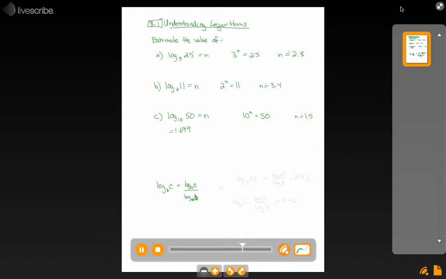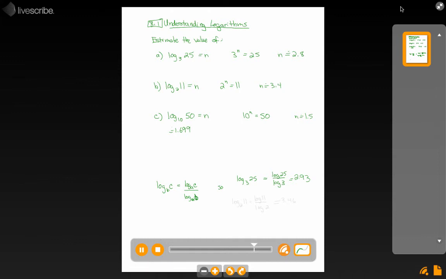It means that I could do log base 3 of 25 by just finding out what's log of 25 divided by log of 3. Because I happen to have a base 10 conveniently on my calculator, I can figure out what this one equals. I got an answer here of just a little bit less than 3, approximately 2.93, which isn't too far off our estimate up above.